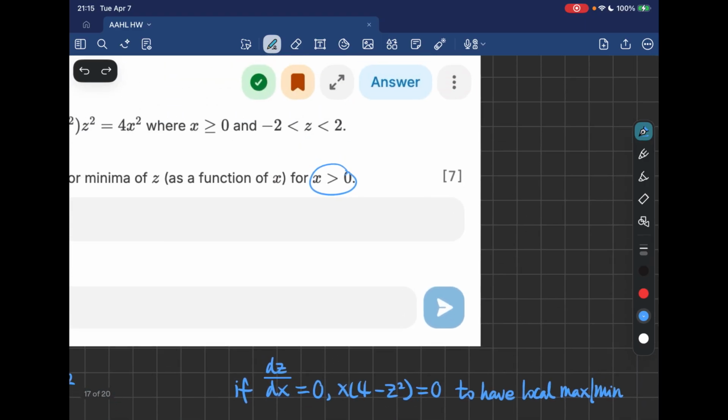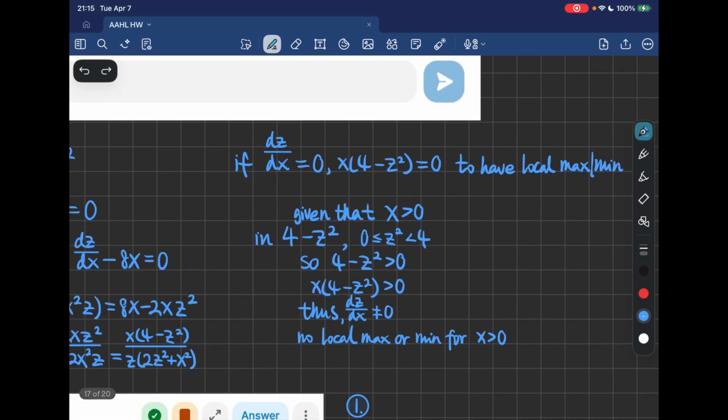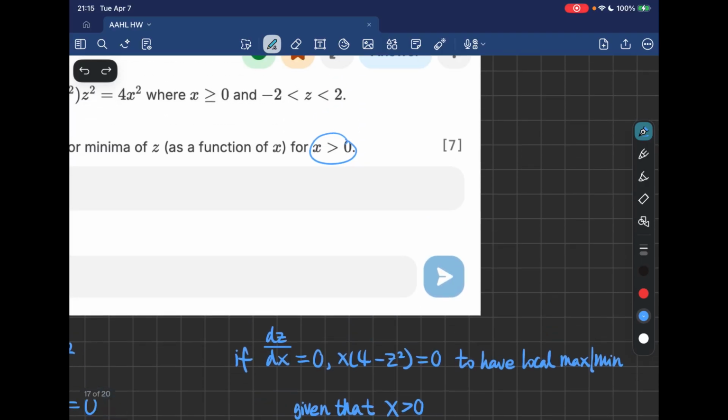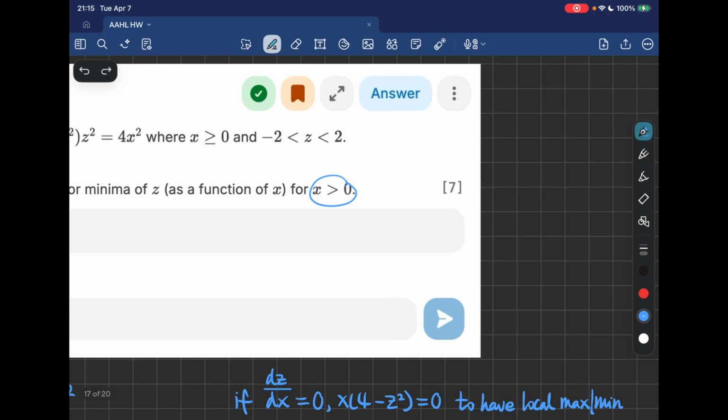So if we look at the range for z, it's between -2 to 2, but not inclusive. So d squared can only be between 0 and 4, and it can equal to 0 but not 4, because d cannot equal to -2 or 2.